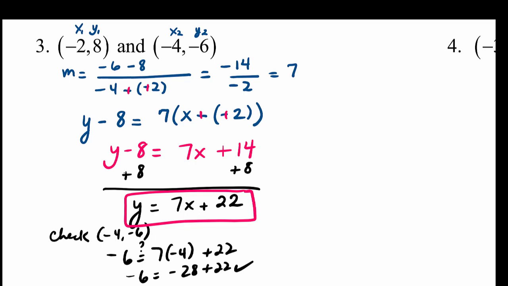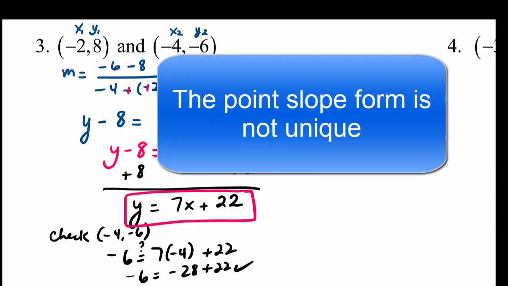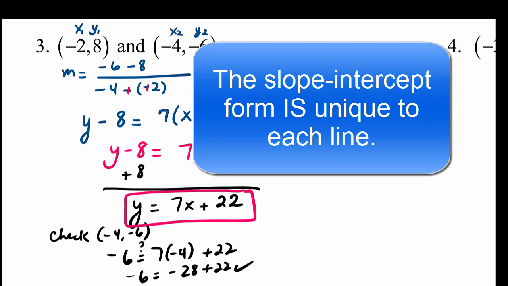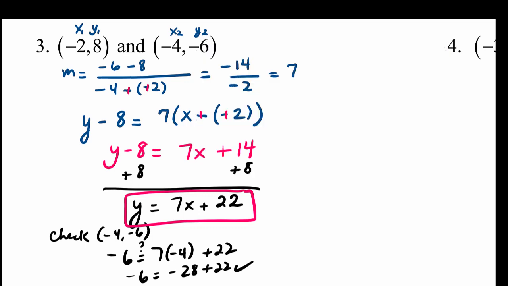Now, that makes a good point here. The point-slope form is not unique. So that means that you and I could do the same exact problem and get two different answers that are both correct for the point-slope form of this line, depending on which ordered pair you use as your point in the point-slope form. The slope-intercept form, the y equals mx plus b, is unique because the graph of this line will go through a unique y-intercept, which in this case is 0, 22, and of course the slope is 7.